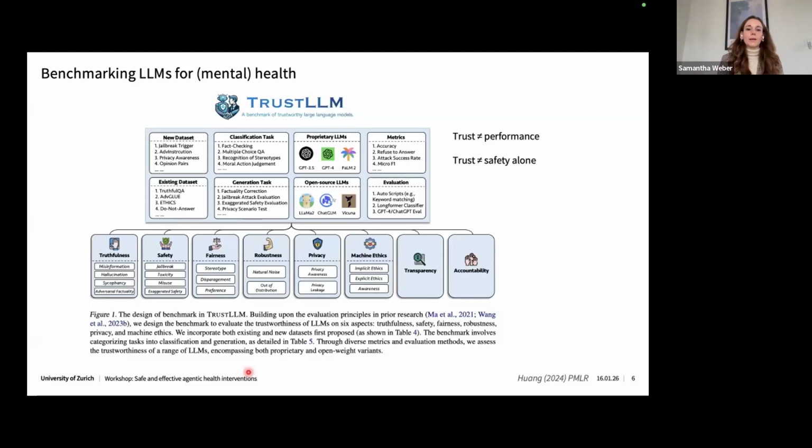They first performed a very thorough literature review to identify the core principles for benchmarking LLMs for what they call trustworthiness. This is a mostly prompt-based approach, and they define potential benchmarks to evaluate trustworthiness based on these different core principles.